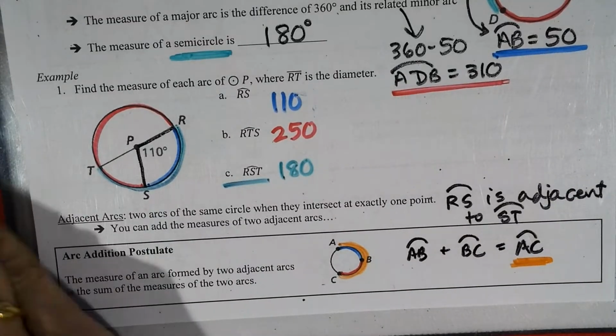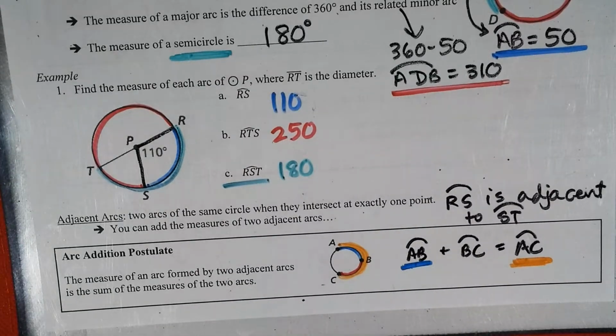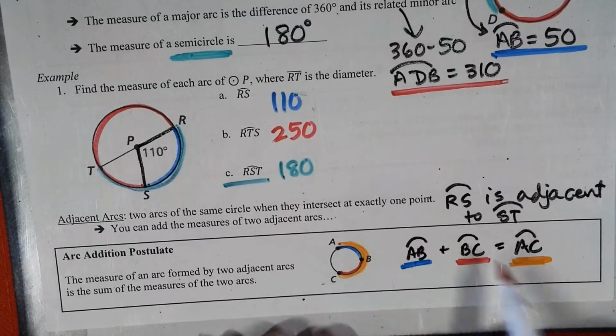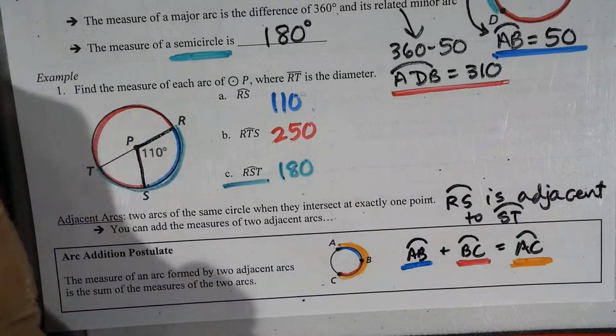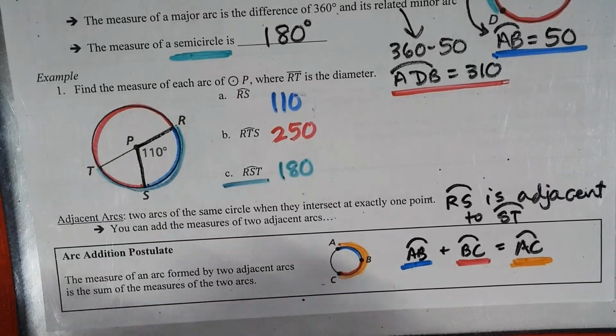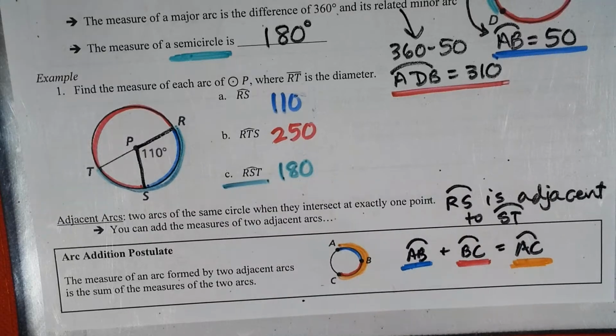Again, this is where your color coding will come in handy. Okay, it gives an extra little boost to your brain saying, how am I do this? Okay. So hopefully that makes sense to you also. It's just like segment postulates, segment addition postulates. Any questions?